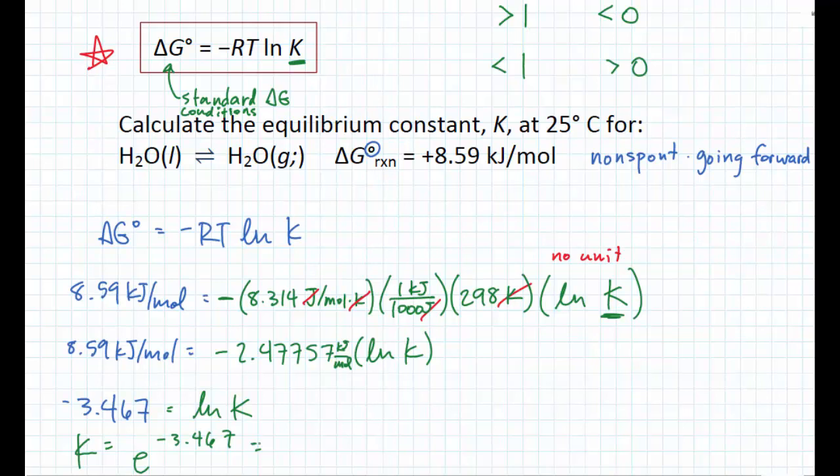What did you guys get? 0.0312. 0.0312? Might be rounding. I was using the full number.